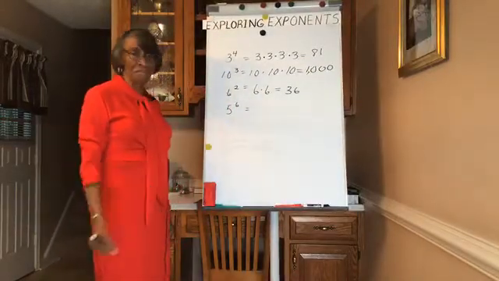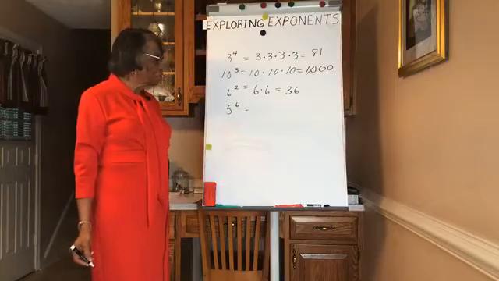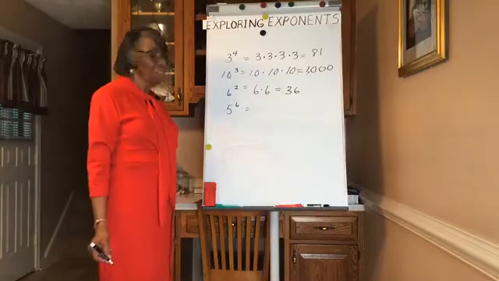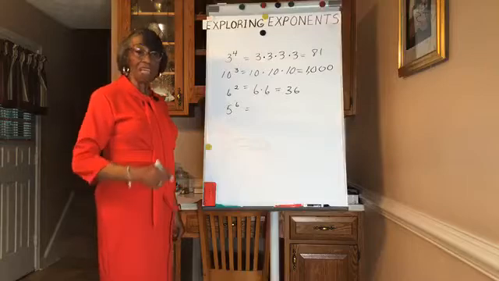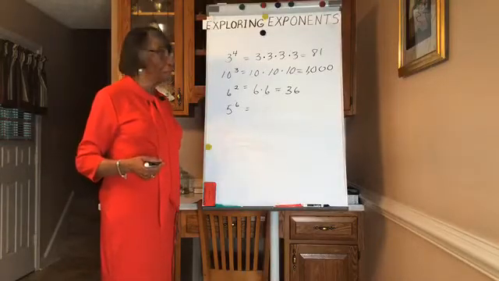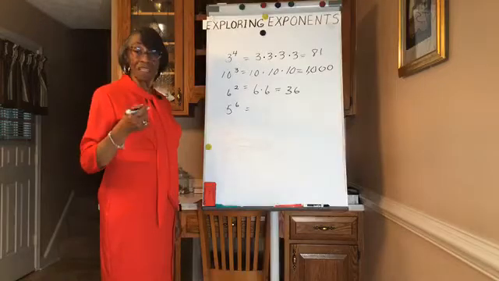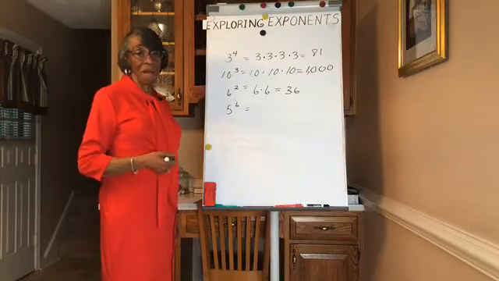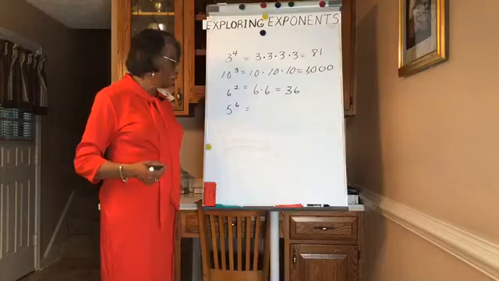All right, now I'm not going to do that one with you right now. I'm going to see if you can do that. 5 to the 6th power. And we need to know how to read it. So I'm reading them to you each time so that you can know how to read it. 5 to the 6th power. That means 5 is raised to the 6th power.